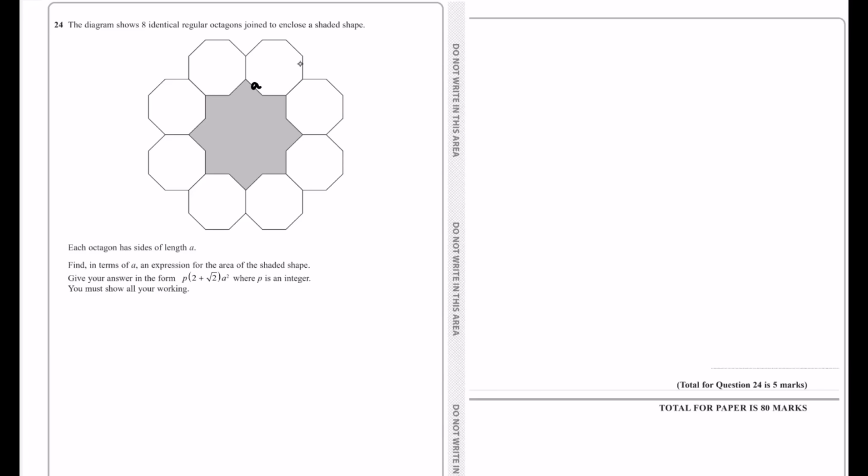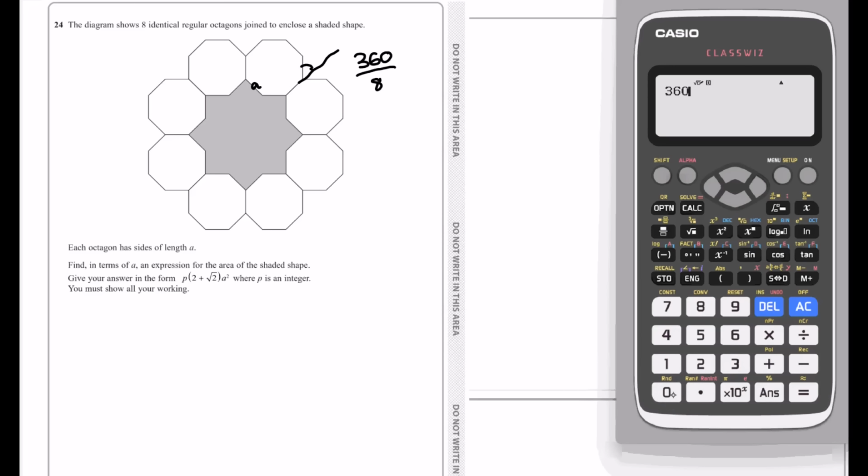So the angle in an octagon. Let's do the exterior angle. So this angle here, an octagon's got 8 sides. So the exterior angle is 360 divided by 8, which is 45.